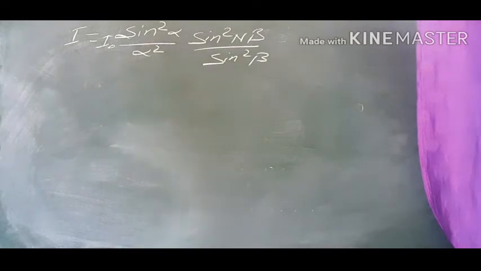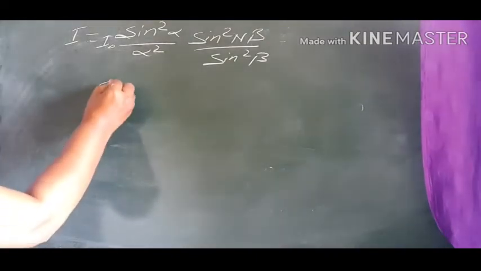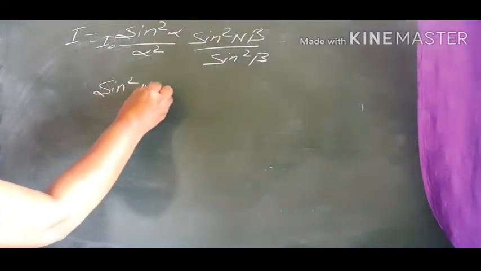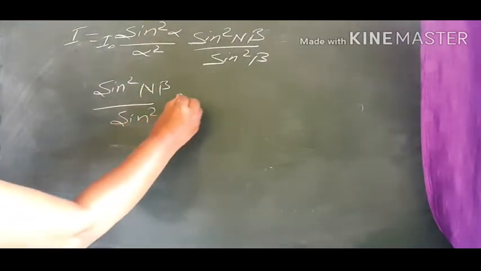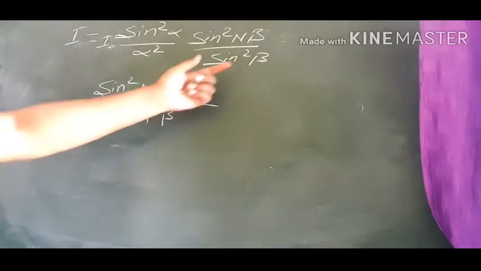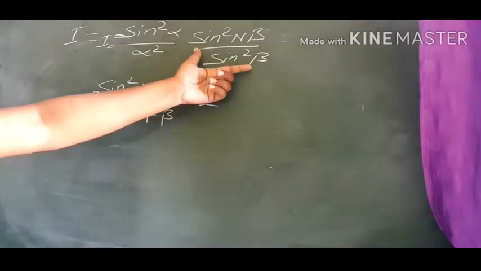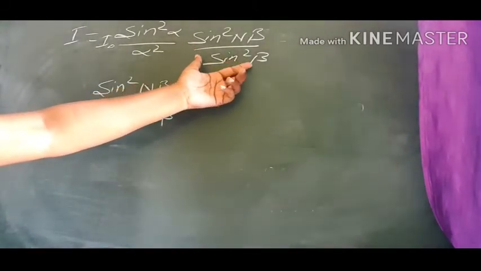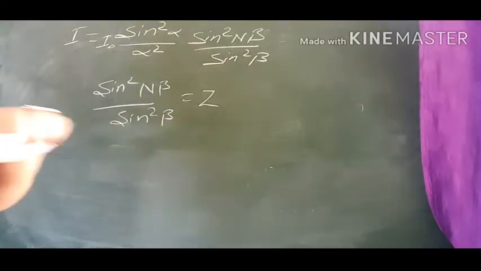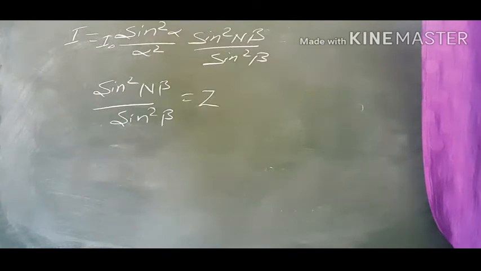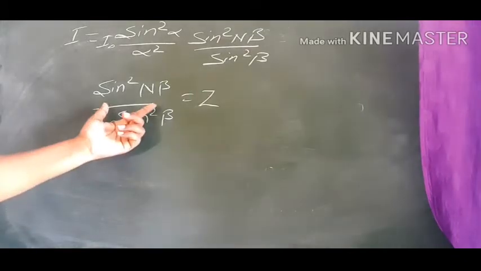Now suppose sin square n beta by sin square beta is equal to z. We consider only this term because it gives the effect of N-slit diffraction.